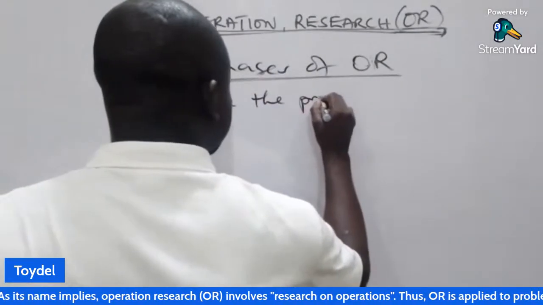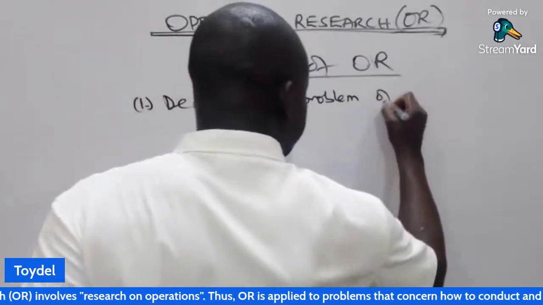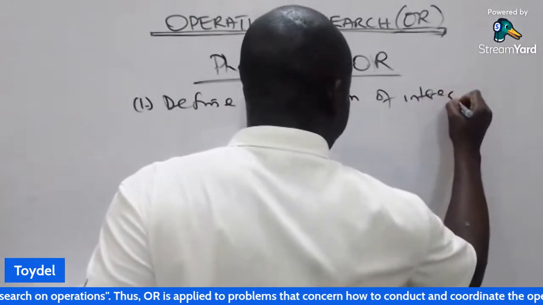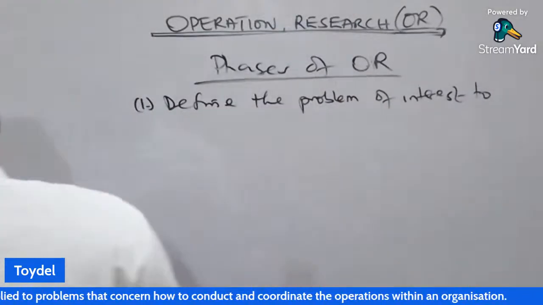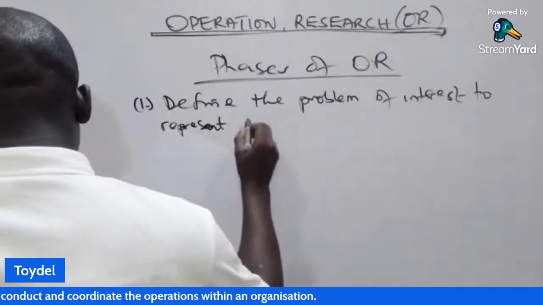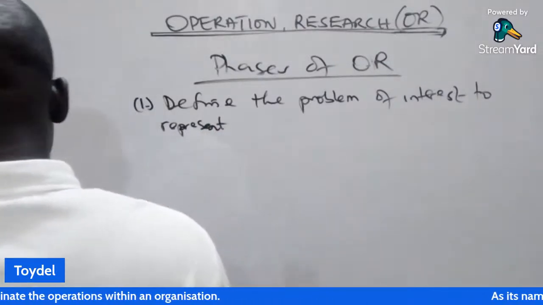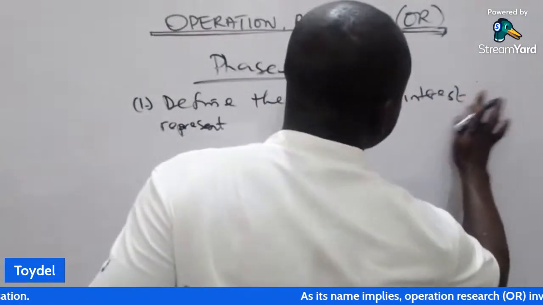the problem. For us to be able to introduce OR, there must be a problem of interest. So we have to define the problem of interest and gather relevant data.